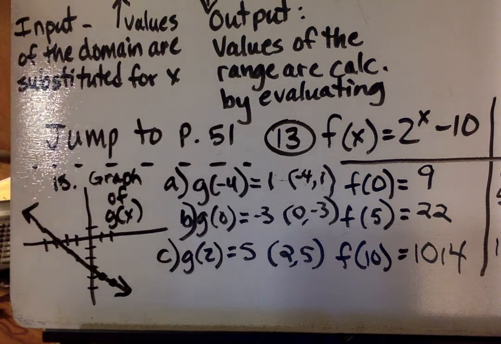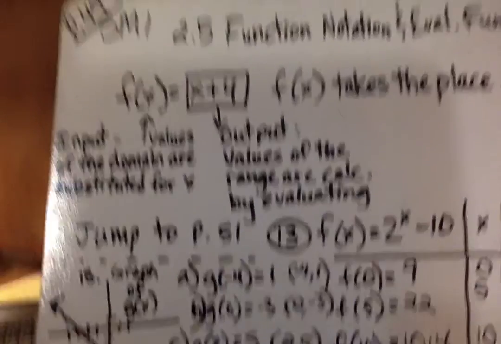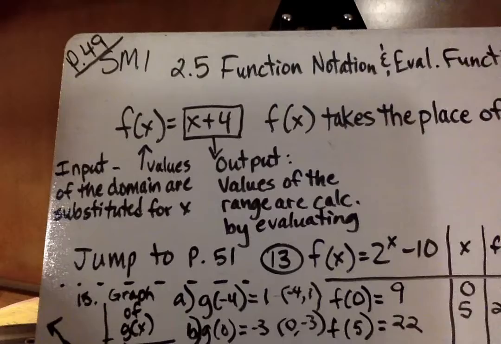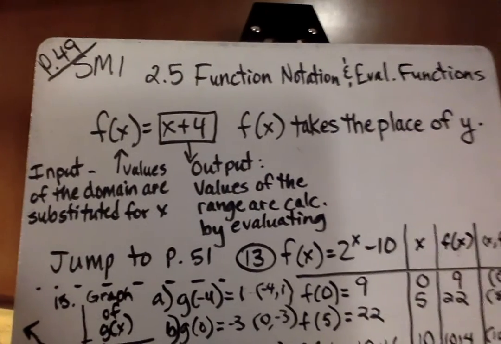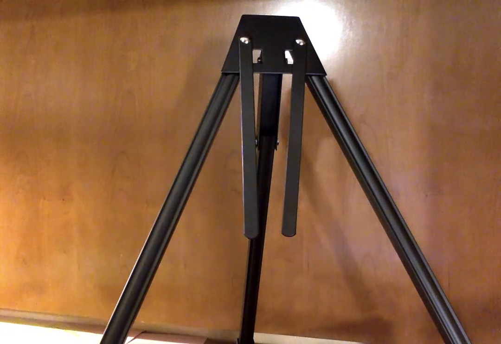Now we're going to go on to a few other ones. f of x and g of x down below. And then we have h of x, which is just changing the variable. So I'm going to go ahead and grab another whiteboard.